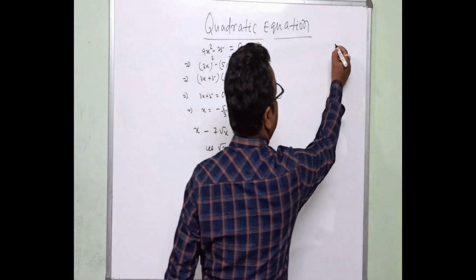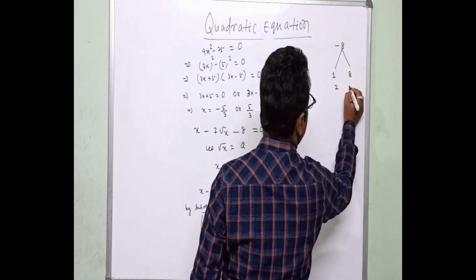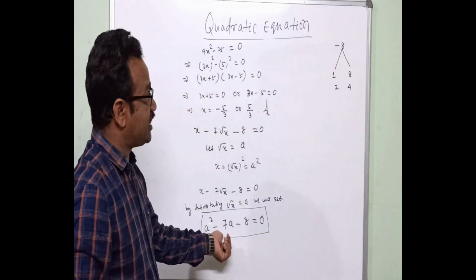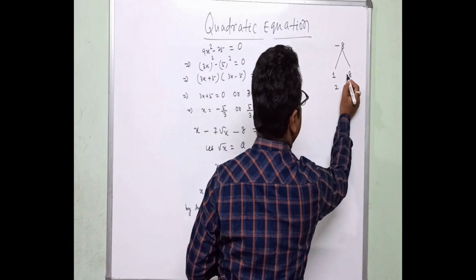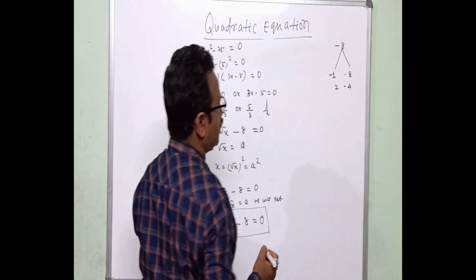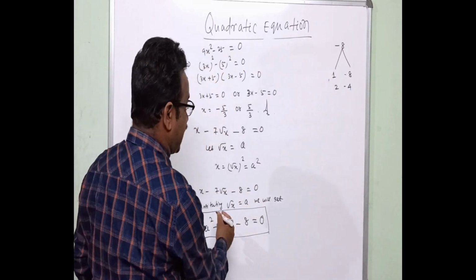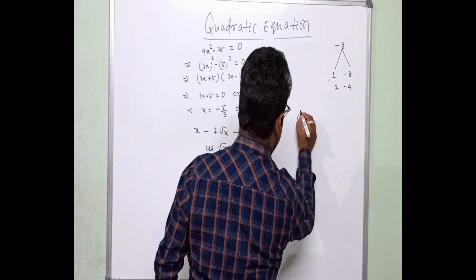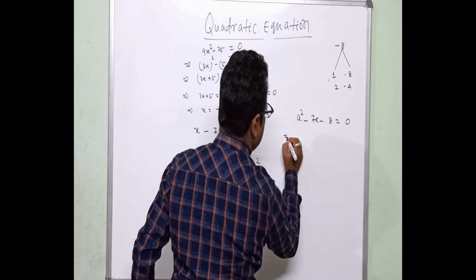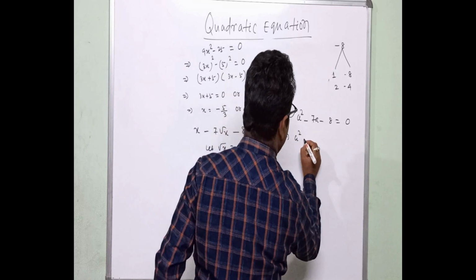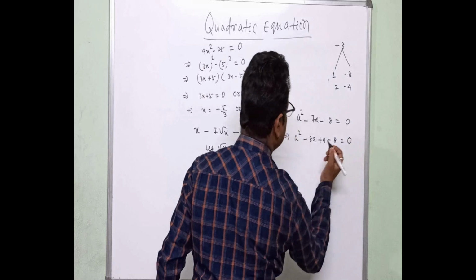So now minus 8: we get 1, 8, 2, 4. We require minus 7, so one of them will be minus. Here minus, minus, plus, so the plus sign is not required. We will take minus 8. So a square minus 7a minus 8 is equal to 0 implies a square minus 8a plus a minus 8 is equal to 0.